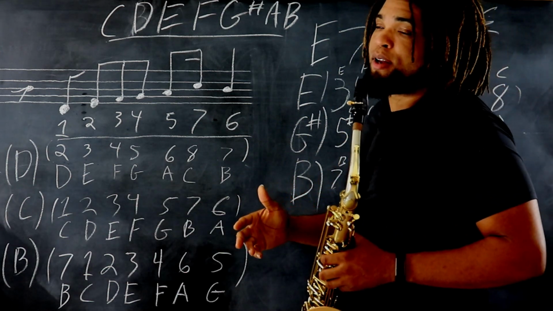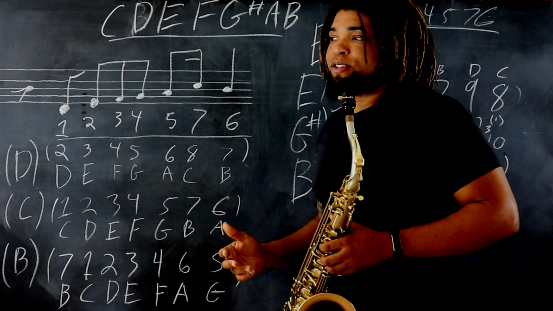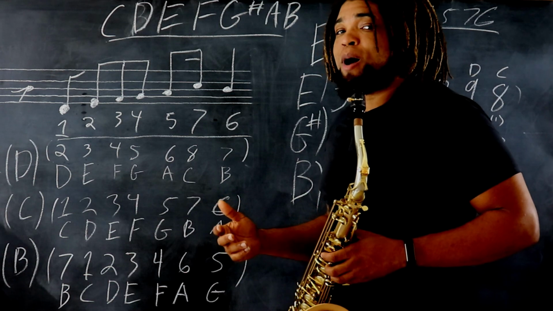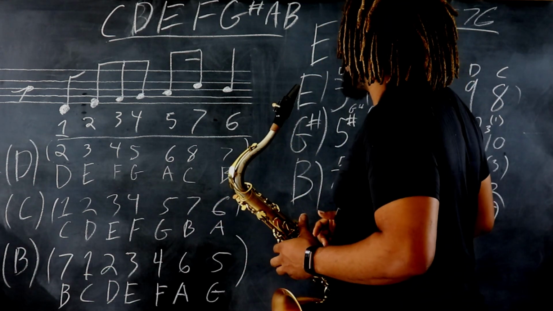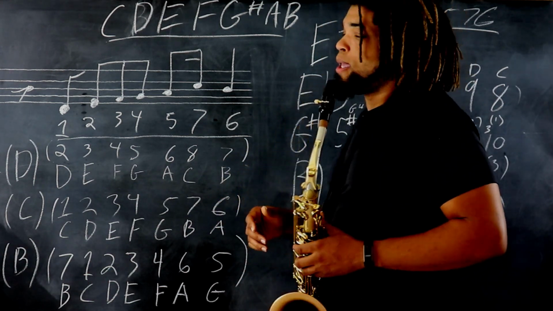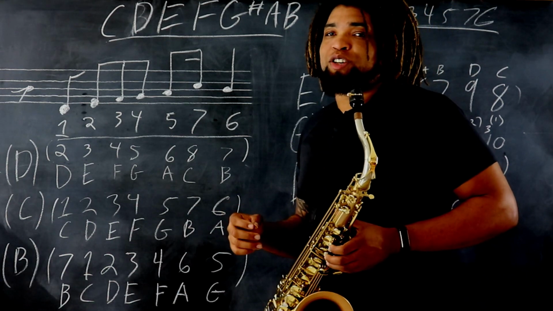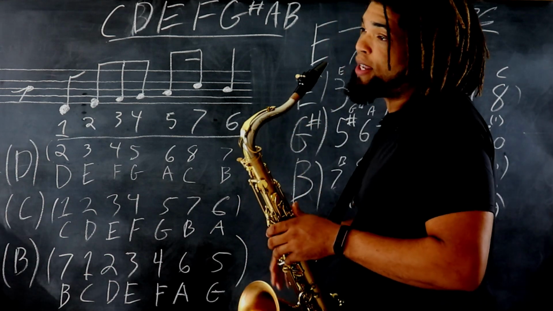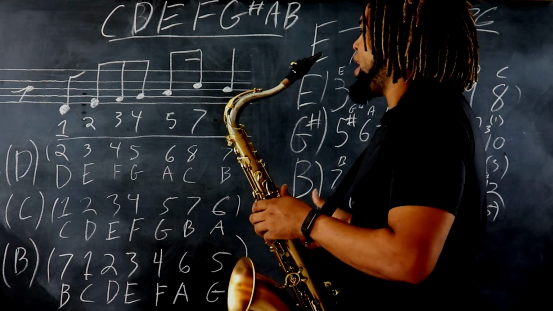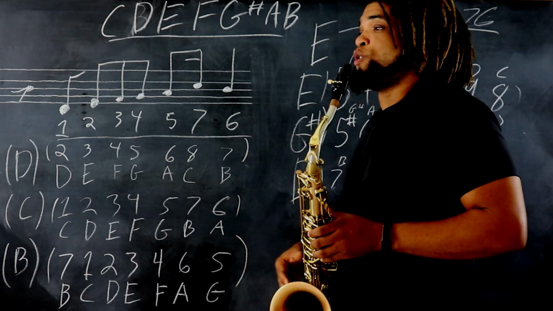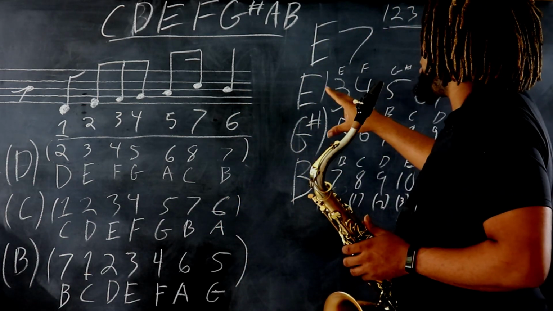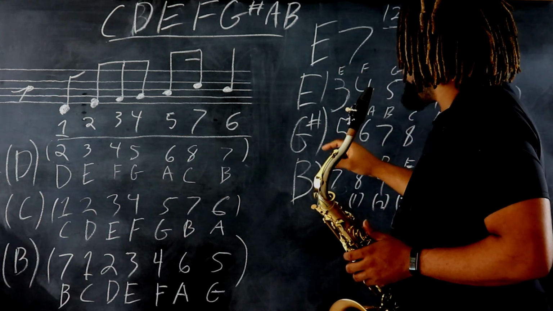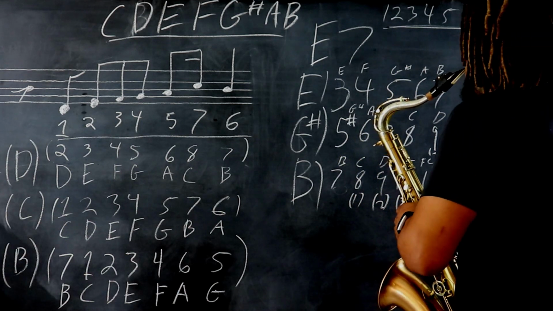That G sharp makes the A minor scale turn into the A harmonic minor scale, which adds a great amount of tension to the song. Now that's something that you can start to incorporate and play with in your improvisation. That G sharp is centered around the chord E7. So I'll play it for you here and we'll see how it sounds.